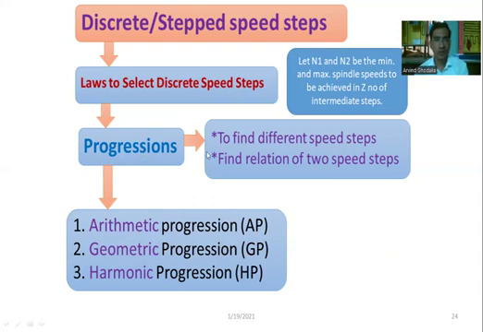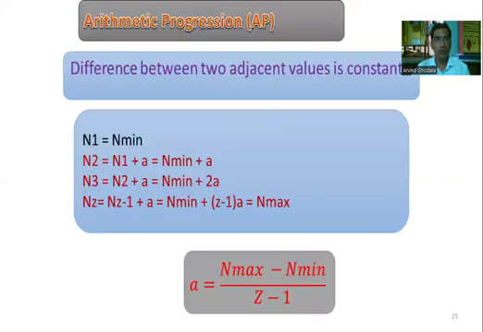Progressions are used to find the different speed steps and the relation between two speed steps. The three laws of progression are arithmetic progression, geometric progression, and harmonic progression. These are used to calculate the discrete speed values in the multi-speed gearbox.